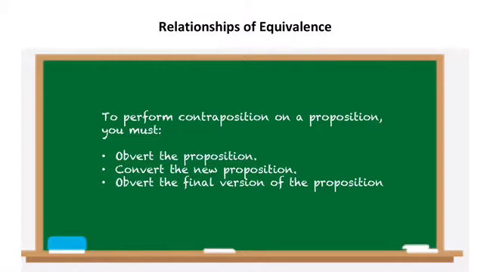Then you convert the new proposition, the thing that you just created. All right, you will switch its subject and predicate. And then you obvert one more time. You obvert the final version of the proposition. Now, those are a lot of steps, so again, make sure you've got those in your notes, and then we're going to go on with an example.